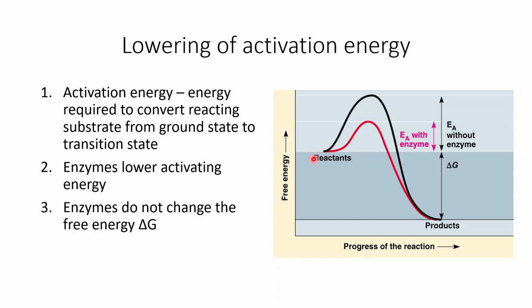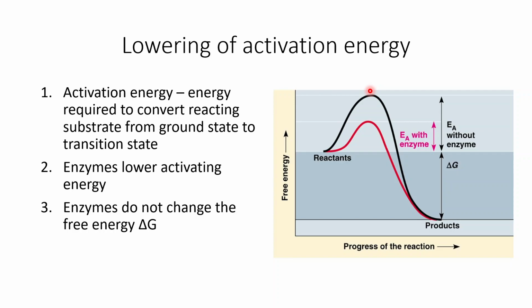The problem is for the reactants to go from the ground state to the transition state. This is known as the activation energy, the energy required by the reactants to go from the ground state to the transition state, which then leads to formation of product.